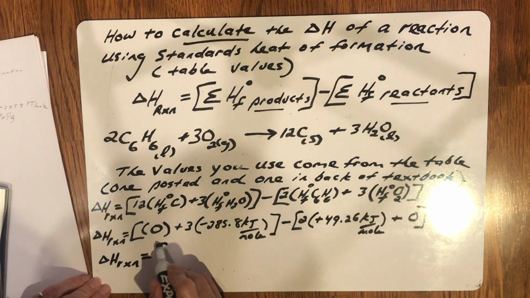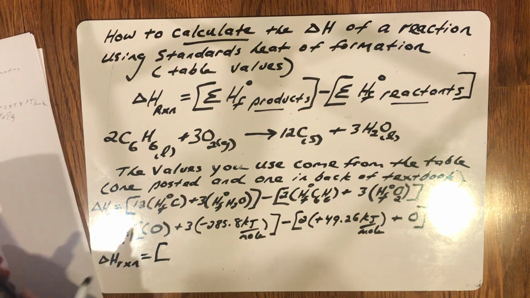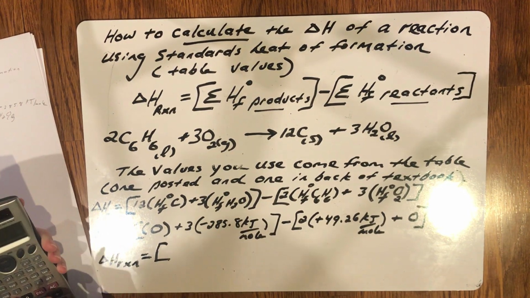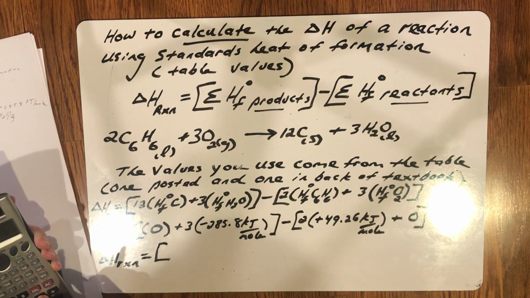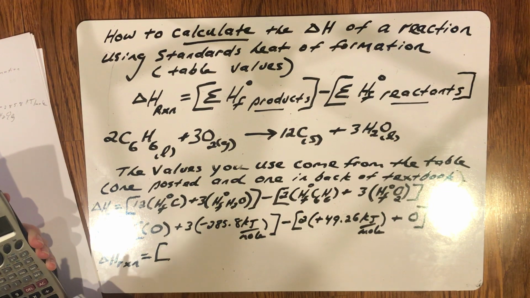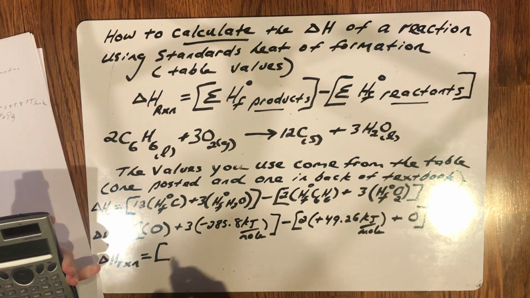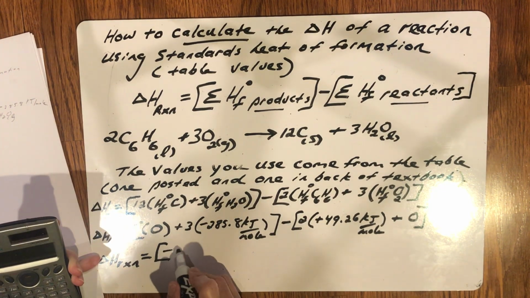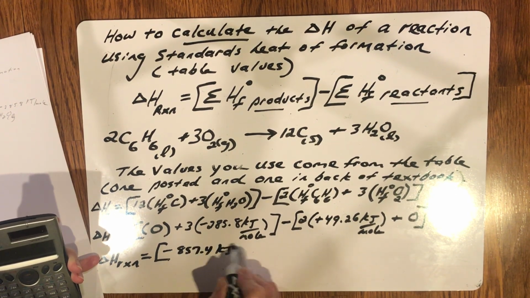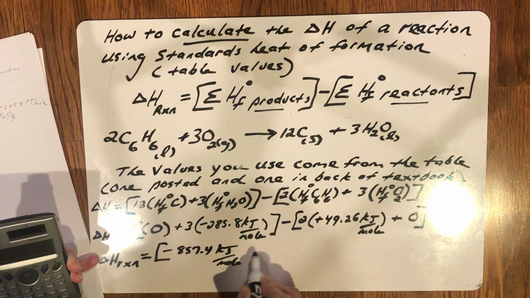So like I always like to do, I'll break it down into little algebraic steps. I'll take negative 285.8 and multiply it by 3, and I'll get negative 857.4 kilojoules per mole.